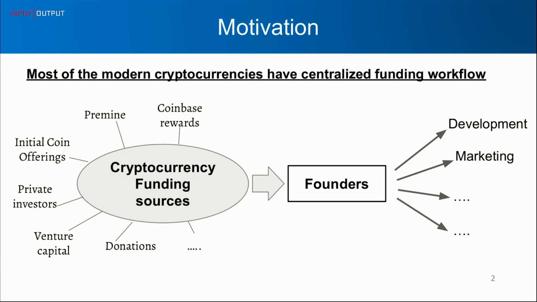If we take a look at almost all modern cryptocurrencies, we can note that their funding and, correspondingly, the decision-making process is centralized. The sources of the funds can be different, but the accumulated tokens are usually controlled by one person or a small group.